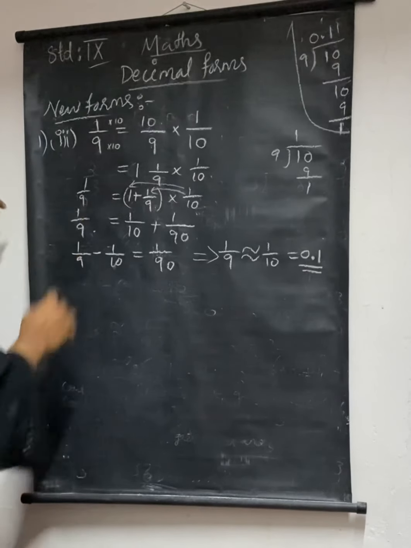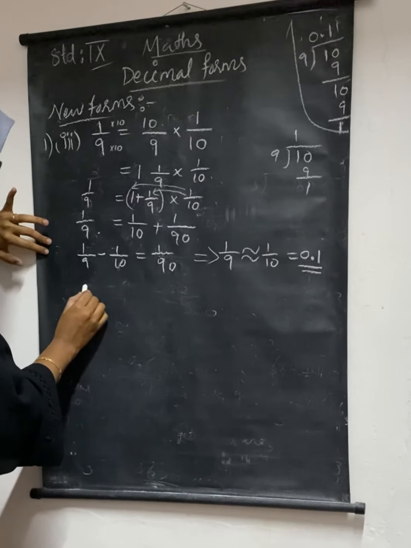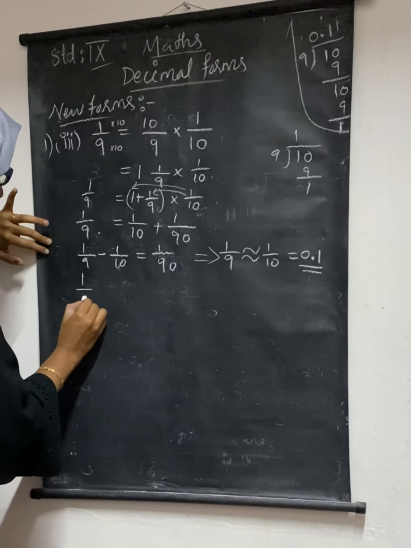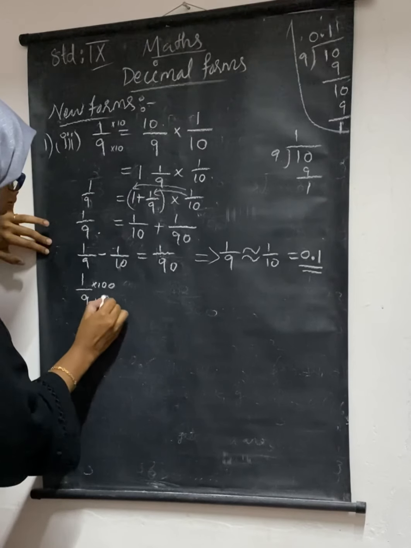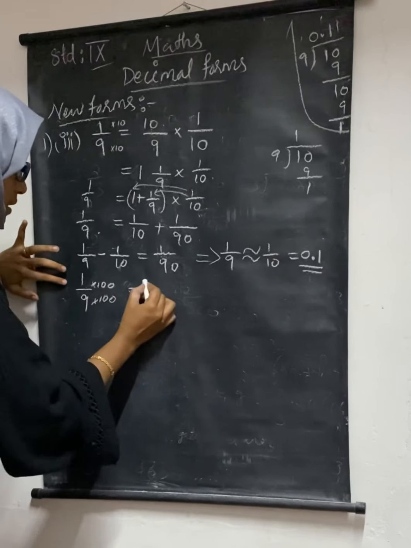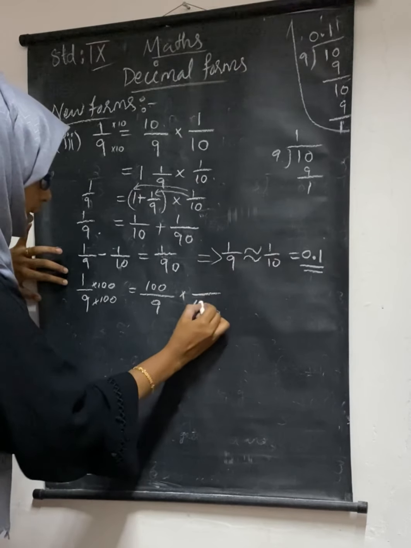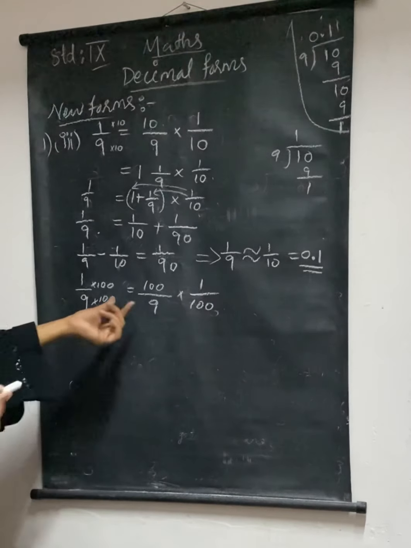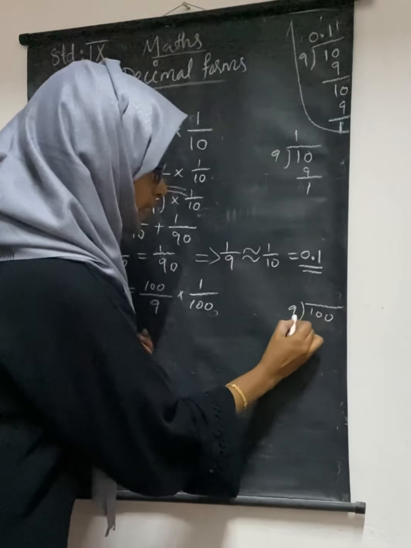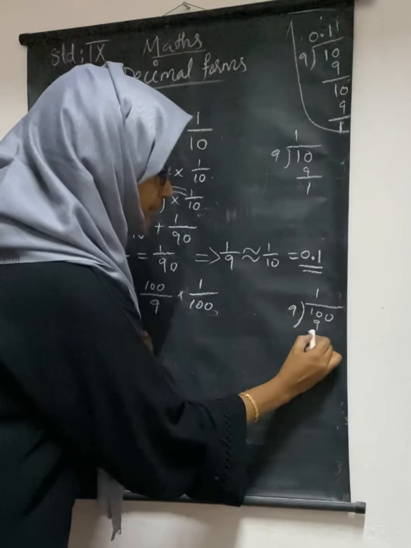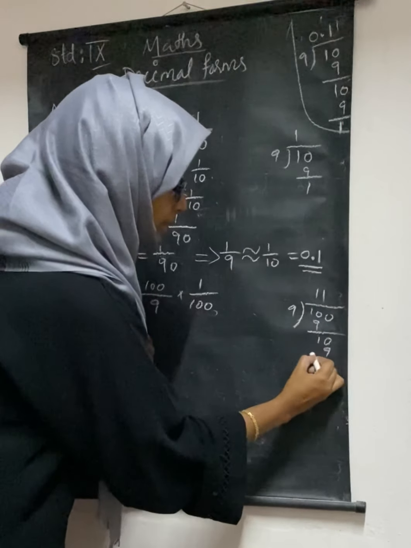So the same I'm doing with the 100 now. So this step over, no, now you have to continue that. 1 by 9. That is when you do with 100, here all I am showing, so 100 by 9 into 1 by 100. When you divide 100 by 9, 9 ones are 9, 10, again 1, 9 ones are 9, remainder 1.